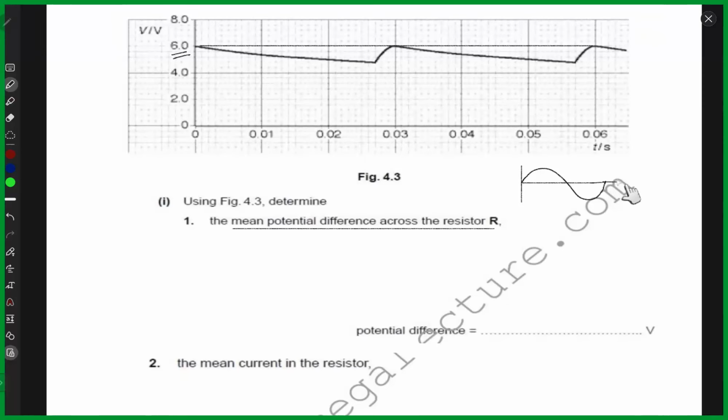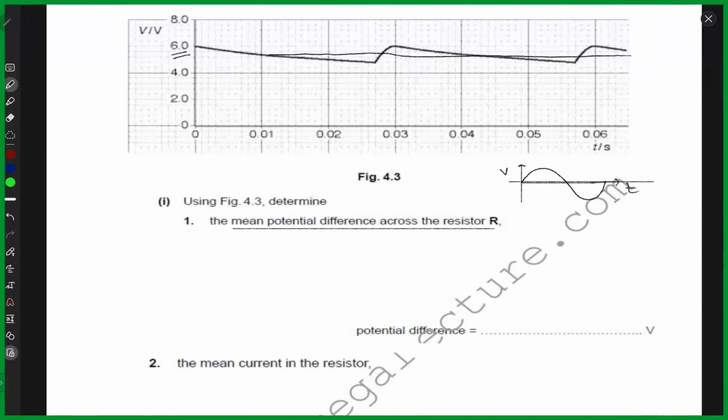Suppose this is the time axis. It lies at the time axis for this particular graph. The average is 0 and it lies on this line, halfway between the two. In exactly the same way, the average over here would lie halfway between, so it would be somewhere about here.